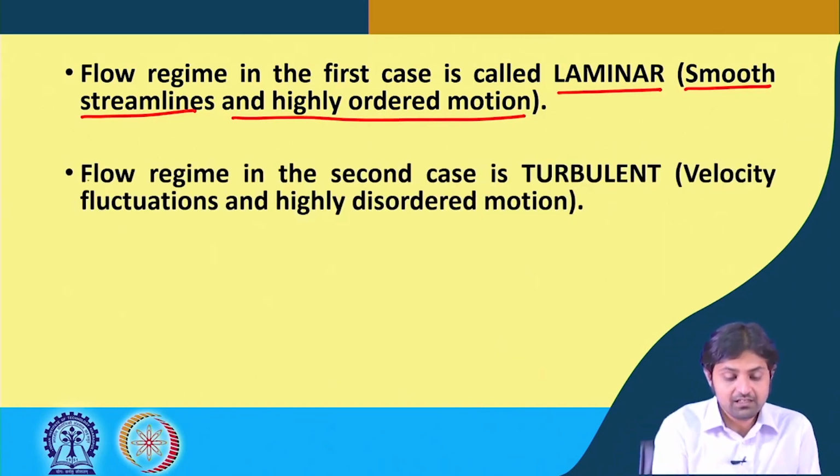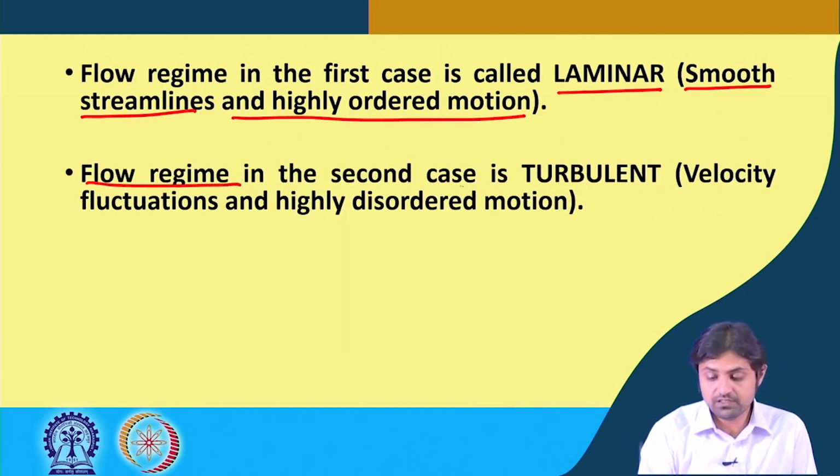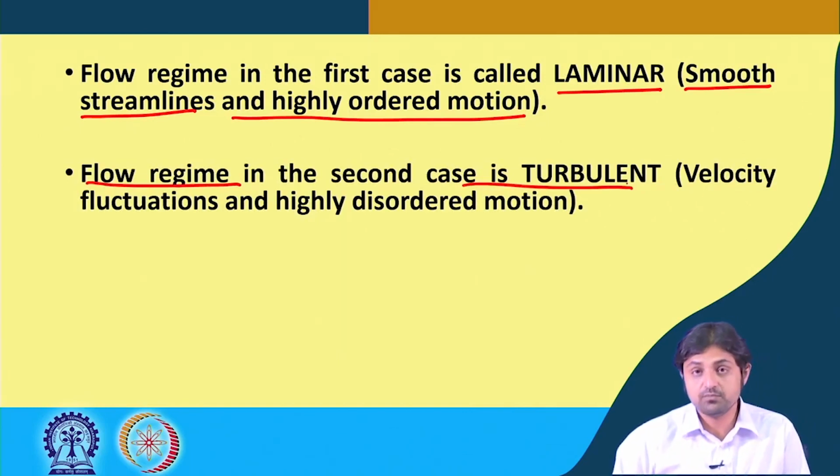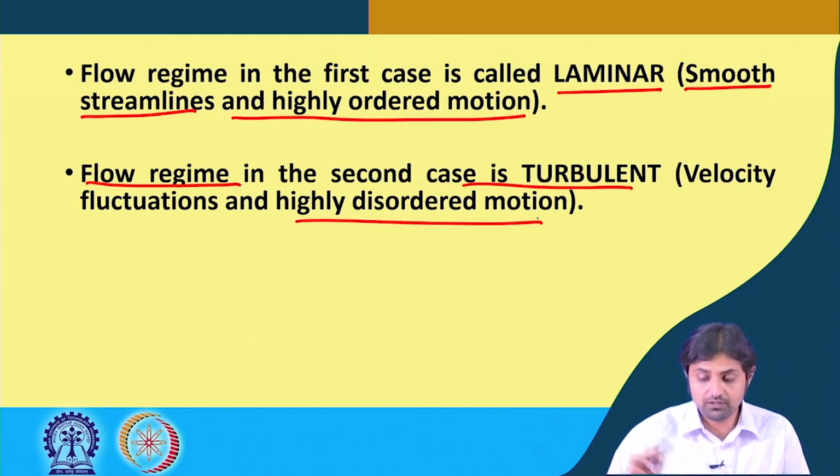In the second case, the flow regime is turbulent. This means the velocity fluctuations are there and it is a highly disordered motion. So, any chaos, any fluctuations in the velocity is called turbulence, and this is called a turbulent flow.